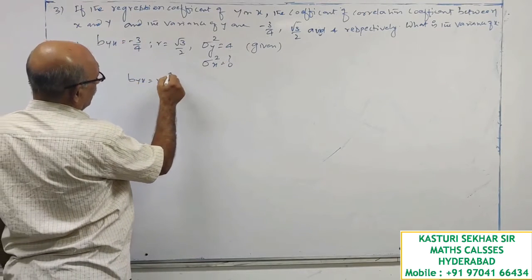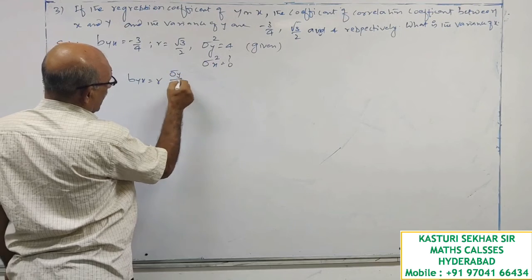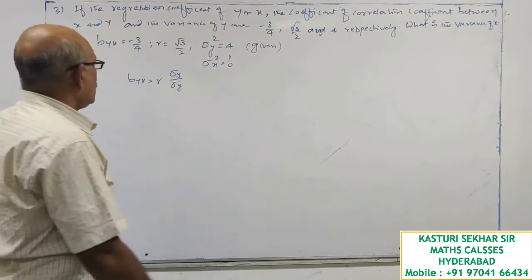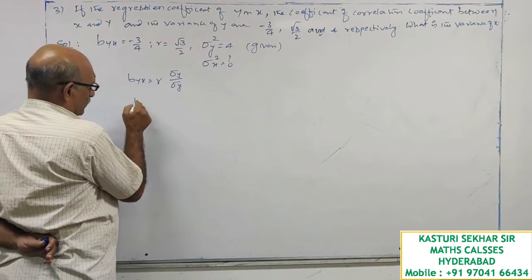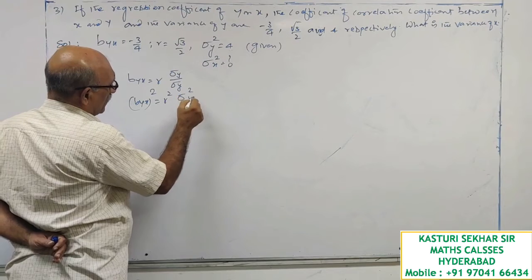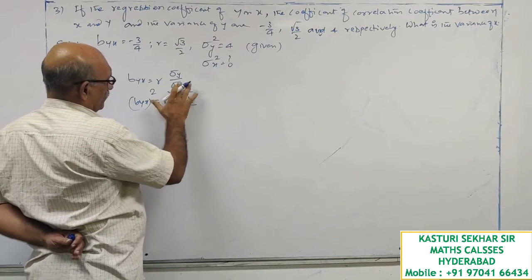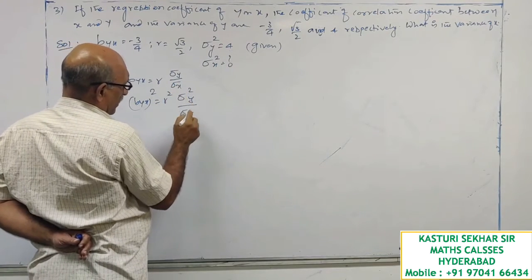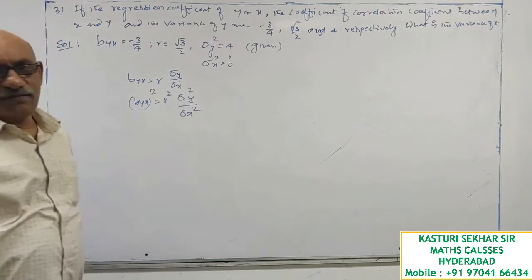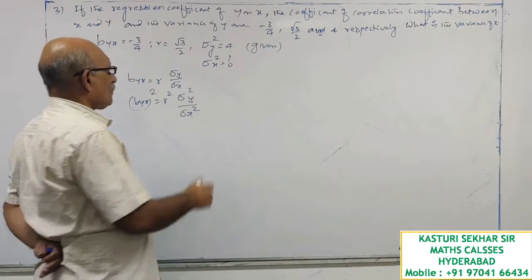Byx is equal to r into standard deviation of y by standard deviation of x. Squaring on both sides, Byx whole square is r square into variance of y by variance of x.